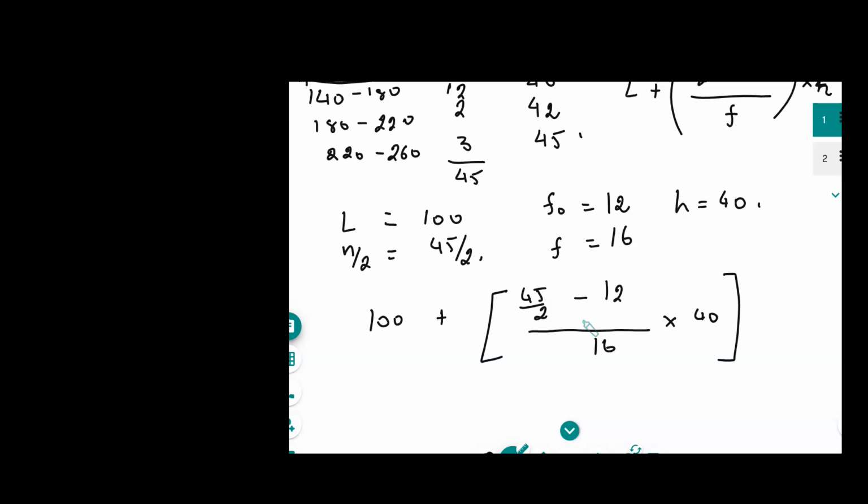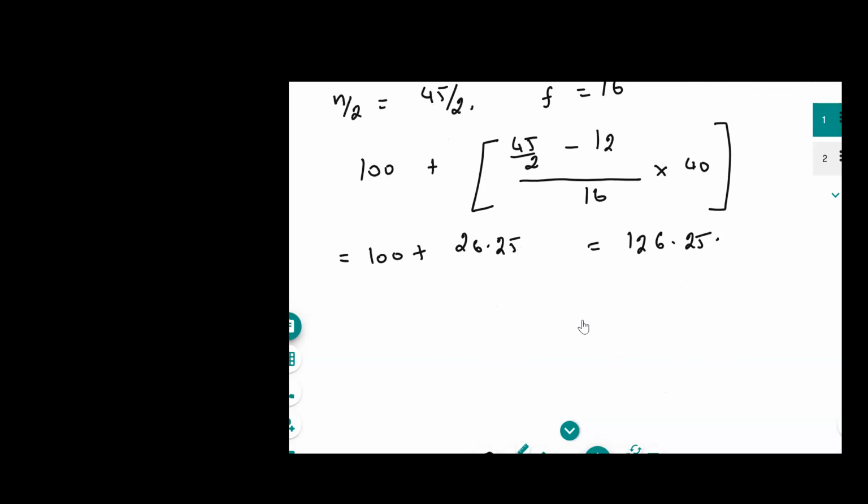Or this gives the value to be 100 plus 26.25, which is equal to 126.25. Hence, the median of this given data is 126.25.